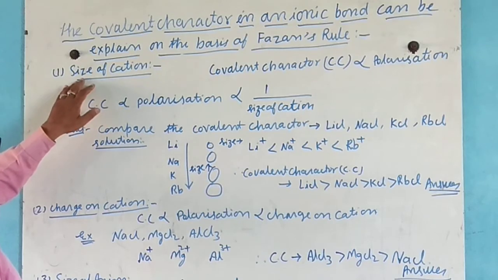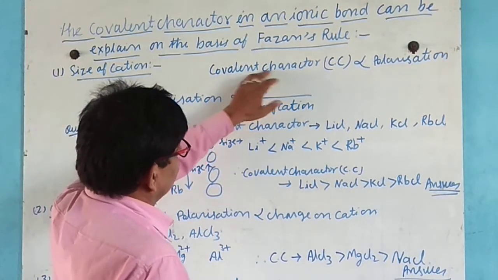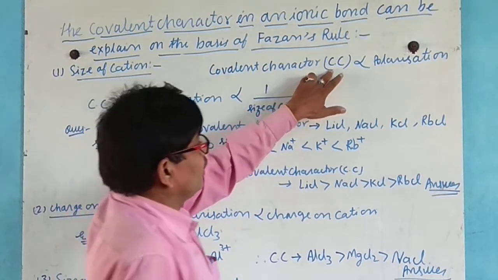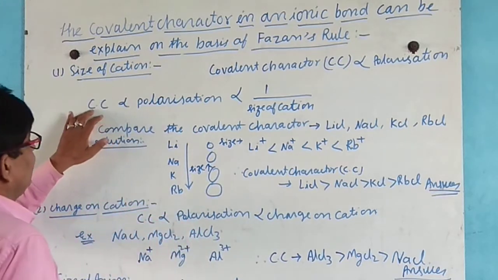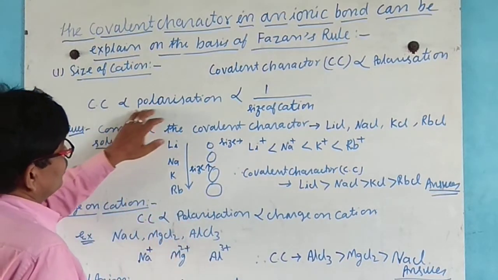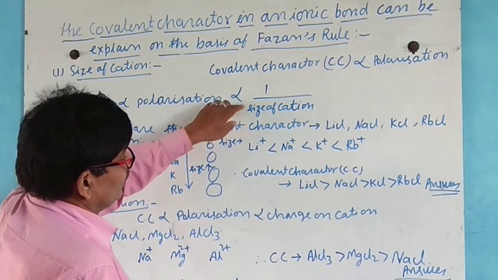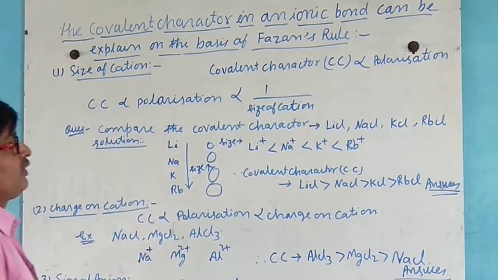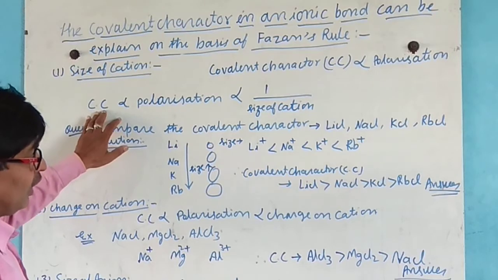According to this rule, first, size of cation: covalent character (CC) is proportional to polarization, and inversely proportional to 1 by size. It means that the smaller the size, the greater the covalent character; the bigger the size, the lower the covalent character.